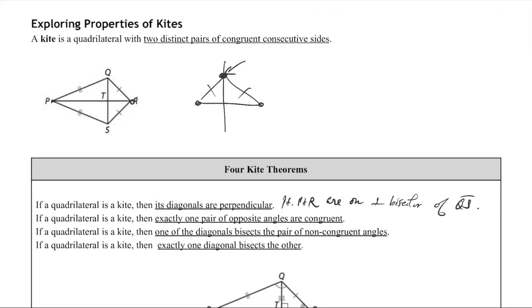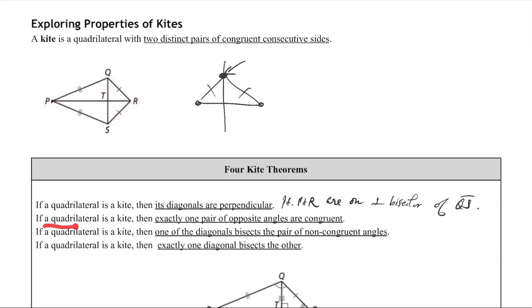So because of that, the keyword is perpendicular, so PR is perpendicular to QS. Not only that, it bisects them, okay?